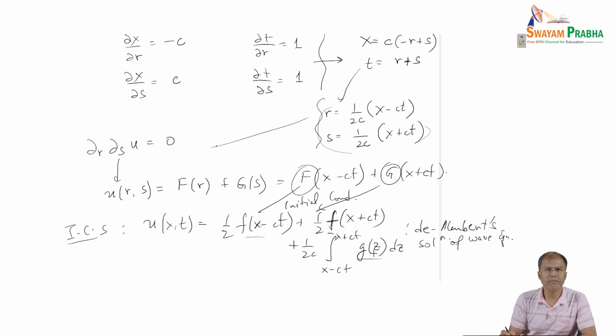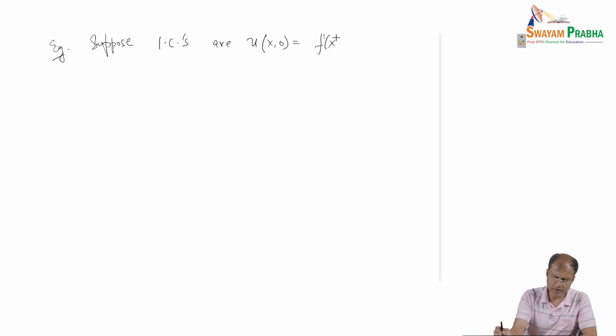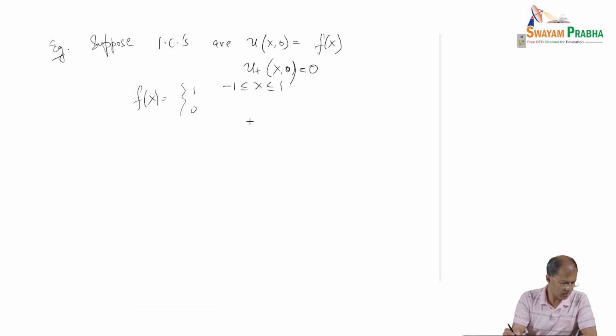So let us look at an example of this method of characteristics. Suppose my initial conditions are u of x comma 0 is f of x and u t at x comma 0 is 0, where f of x is 1 for x between minus 1 and 1, and 0 otherwise.